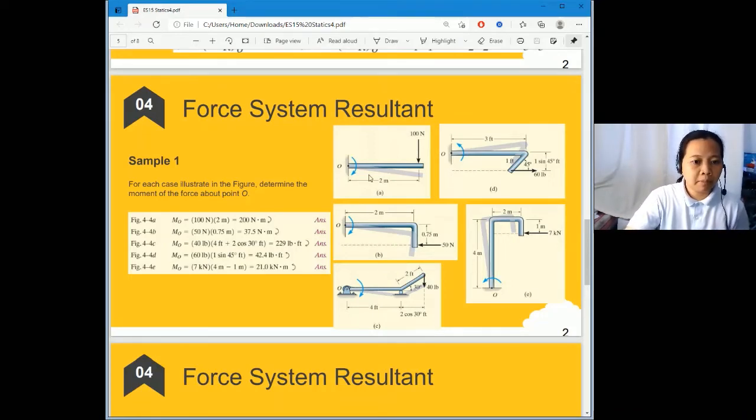The first problem is a fixed supported steel rod with a point O. We have to calculate the moment at point O, and we have an applied load of 100 and a moment arm distance from the point of application. It is as simple as multiplying 100 times the moment arm 2, so you will get 200 Newton meter, and the direction is clockwise.